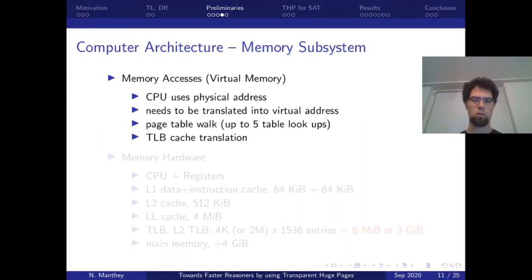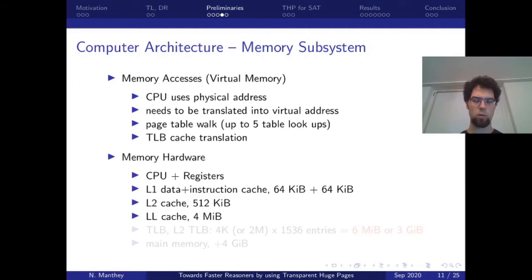And to not rerun the same translation each time, the translations are done on page granularity, which is typically 4000 bytes for usual pages, and then there's a cache called the TLB that caches translations, so recent translations can just be looked up.